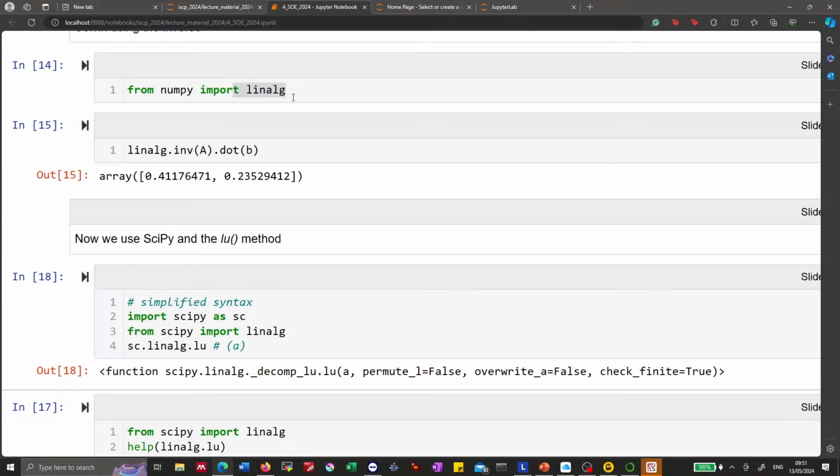But this is somewhat dangerous now, because every time I execute this code block or the other, I override my linear algebra. So far, so good. Do you understand the problem? I have two different modules.